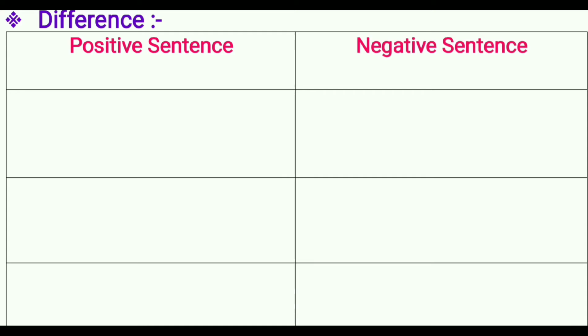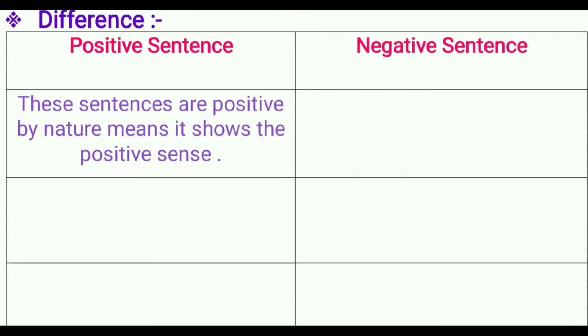Let's revise this difference which we had learnt in our previous lecture. What is the difference? Positive sentences and negative sentences. Positive sentences are positive by nature, and they show the positive sense. It means that they are very simple sentences. They reflect the positive sense of the sentence, right?